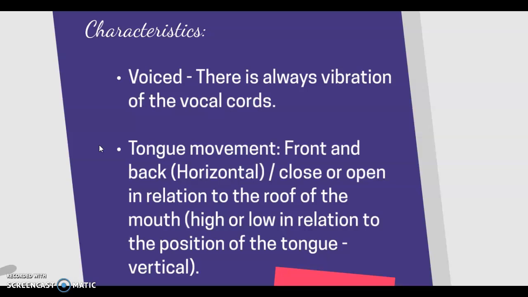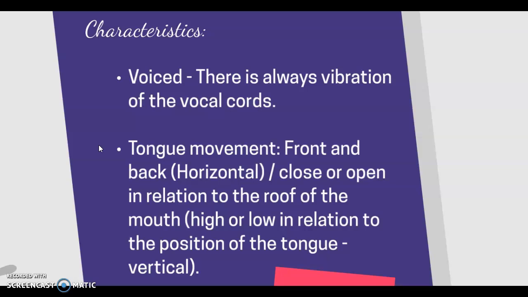The tongue movement, as I was saying, is also another characteristic of vowels. In fact, what we have to care about is the way in which the different parts of the tongue can move. So the tongue can move from front to the back in a horizontal way, close or open in relation to the roof of the mouth, high or low in relation to the position of the tongue, that is a vertical position.